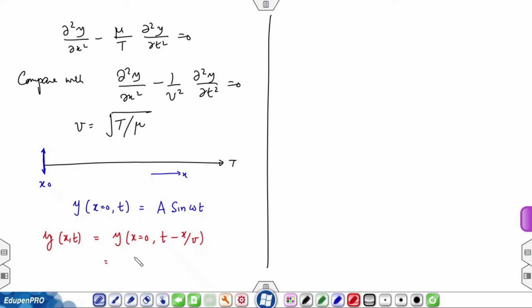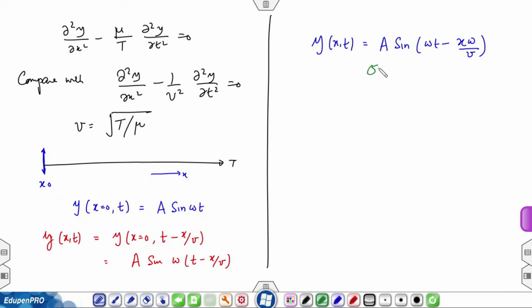So, this becomes A sine omega (t minus x over v). So, the displacement of this wave is going to be given as y(x,t) equals A sine (omega t minus x omega over v).